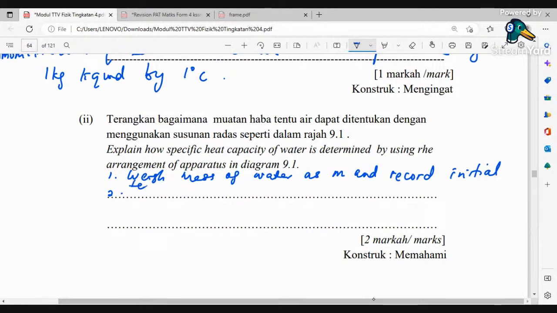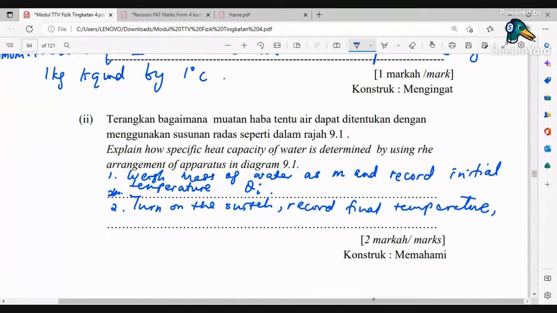So awal theta I. Turn on the switch. Okay, record final temperature after 5 minutes as theta F. Theta F final. Okay, number 3.